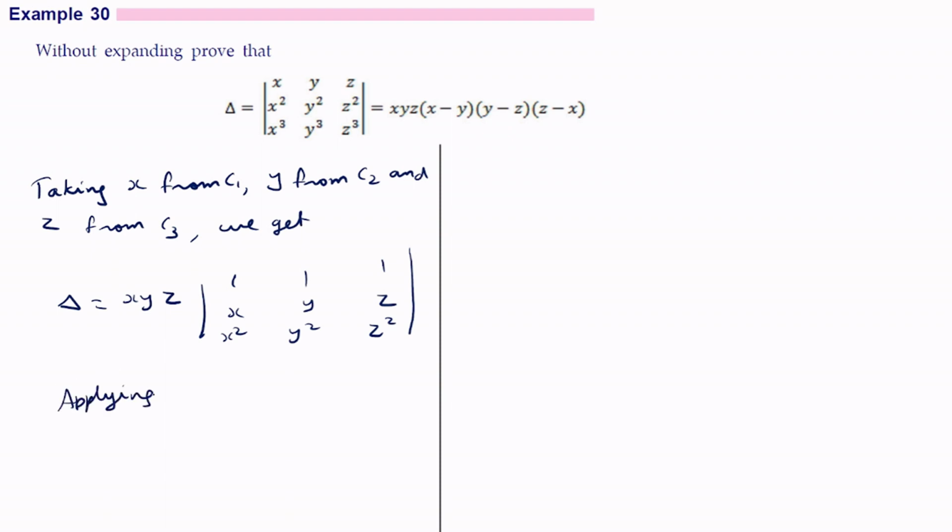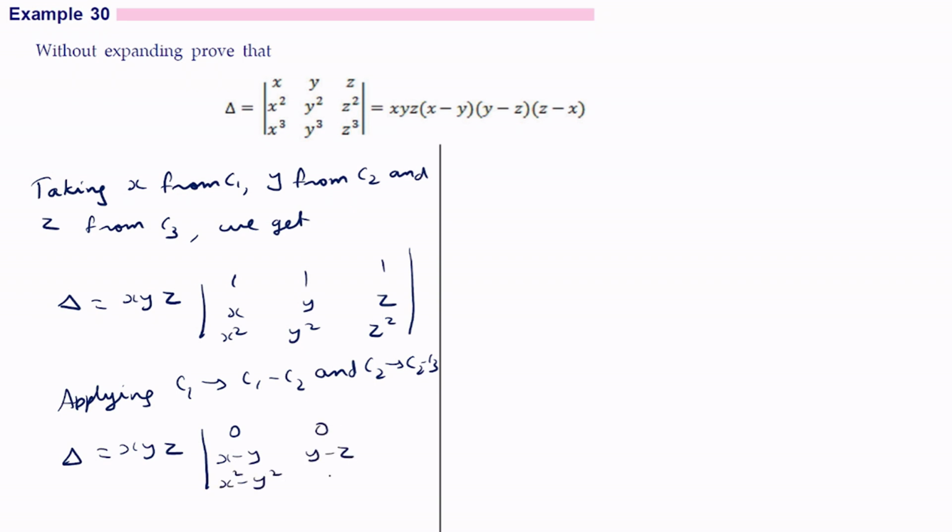And next, let us apply C1 changing to C1 minus C2 and C2 changing to C2 minus C3. We get delta as xyz into C1 changing to C1 minus C2, 0, x minus y, x square minus y square. Here 0, y minus z, y square minus z square, 1z, z square.